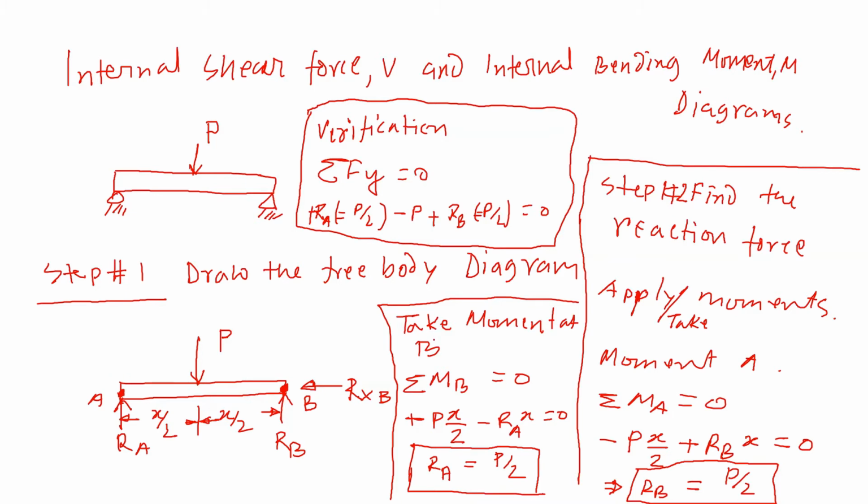Let's define this point as C. I'm not seeing any change of load until I reach C. Once I hit C, I see the P force coming down. So that is a change of load. There was no load change between A and C, and at point C I have a change of load. So point C is a point of interest in this loading condition.